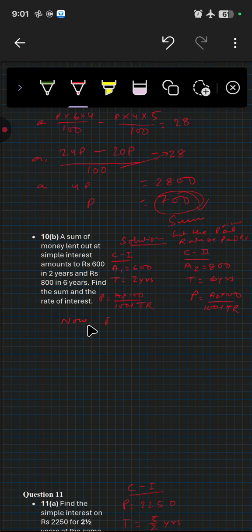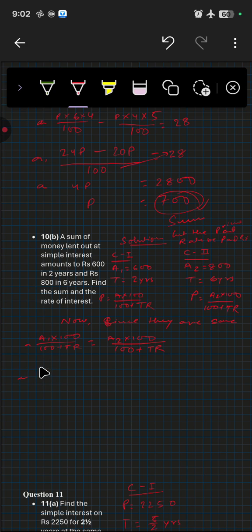Now, since they are same, we can write amount 1 into 100 by 100 plus TR is equal to amount 2 into 100 by 100 plus TR.